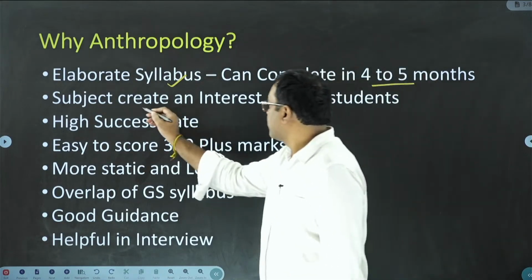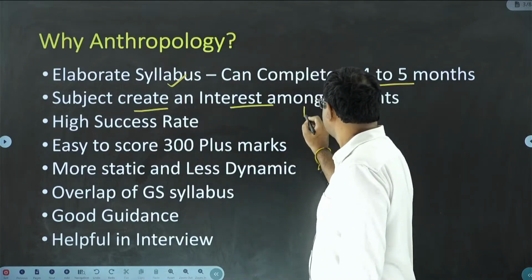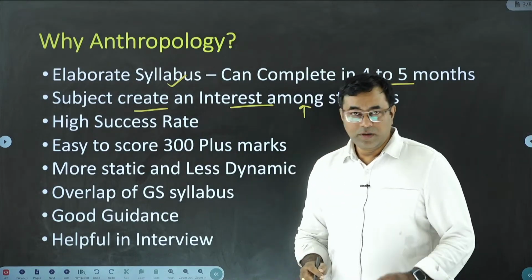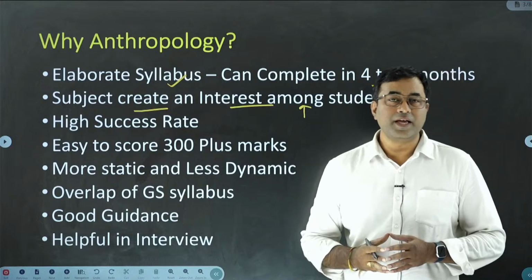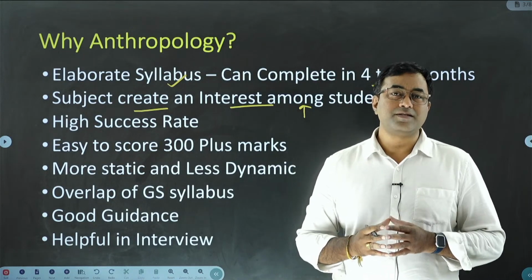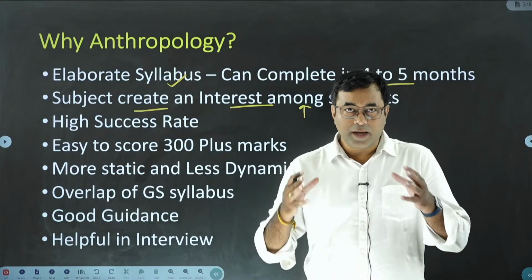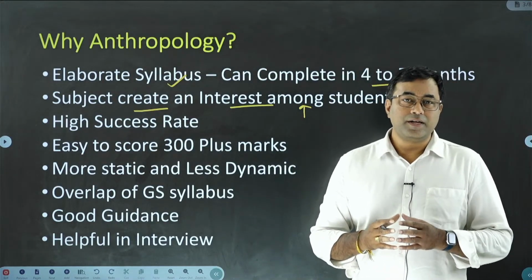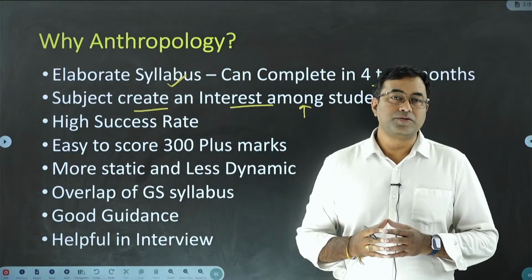Next is that the subject creates an interest among the students. Every student has a certain area of interest. In the anthropology optional, you have many types of topics that create interest among the students.